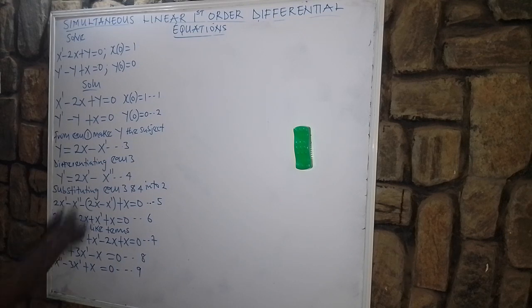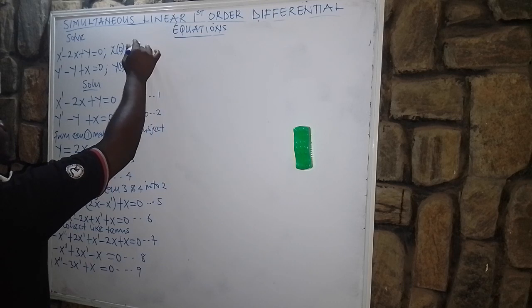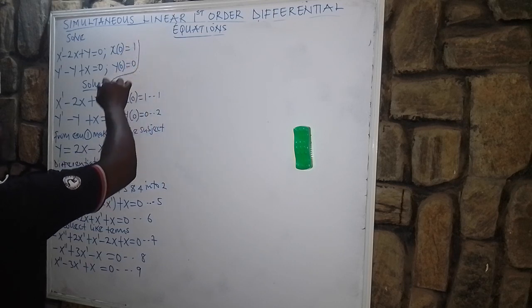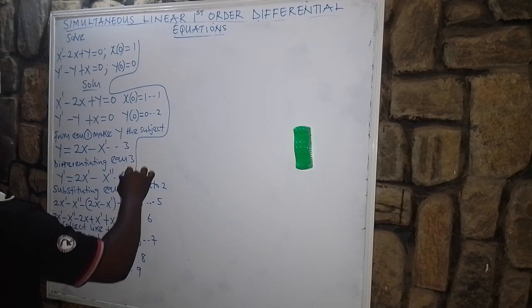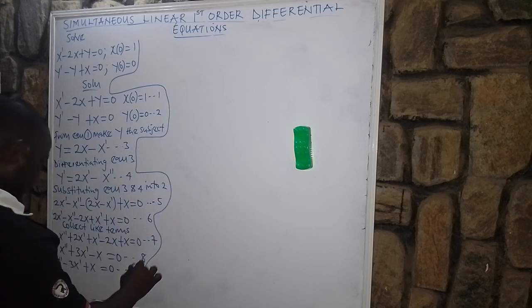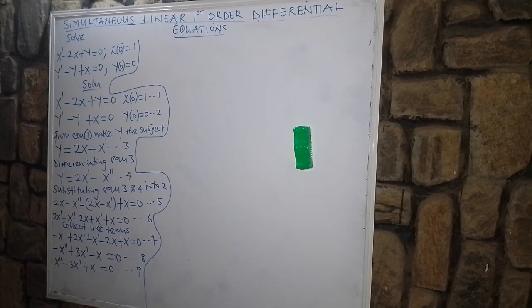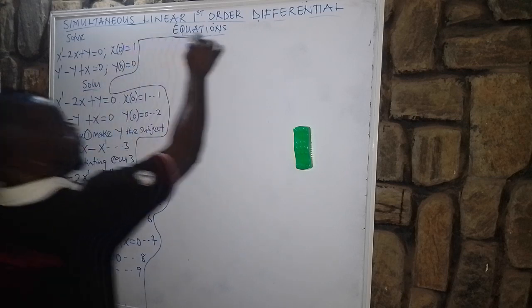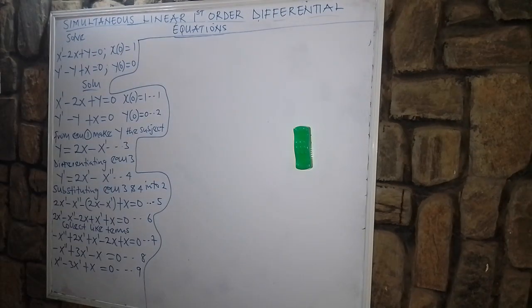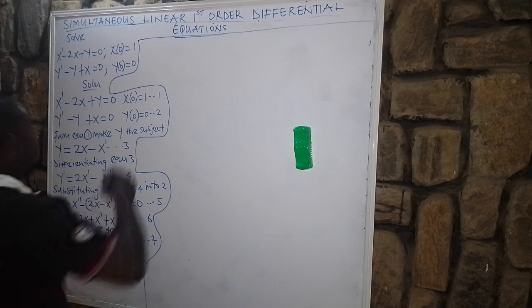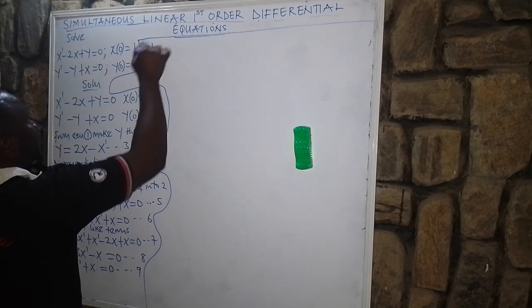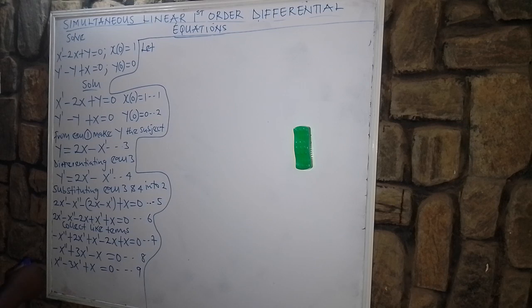This is a second order differential equation. So for us to obtain our m1 and m2, we now say let us use the undetermined method.